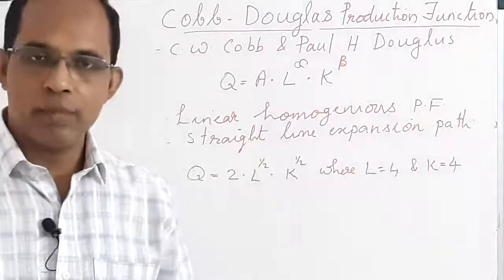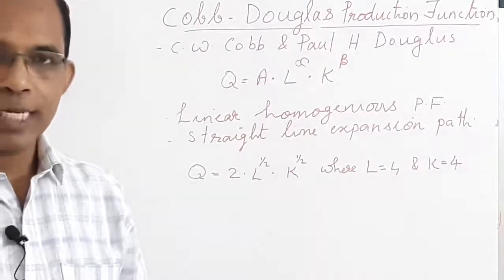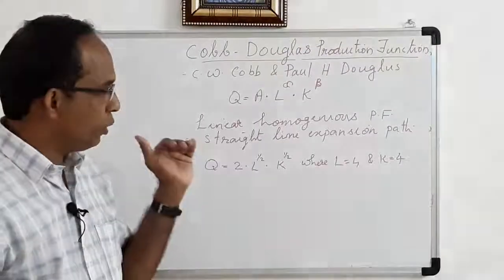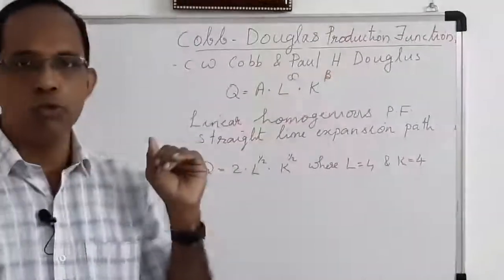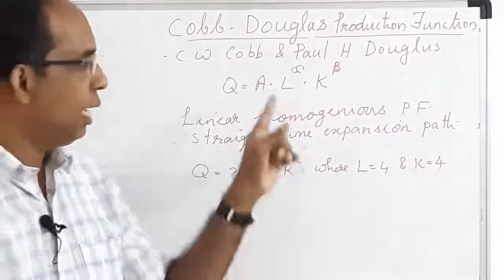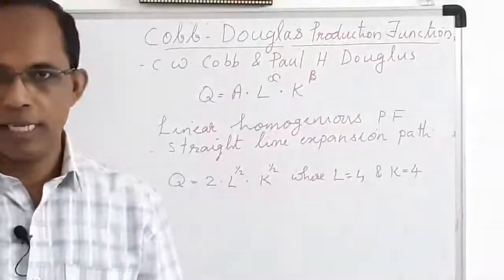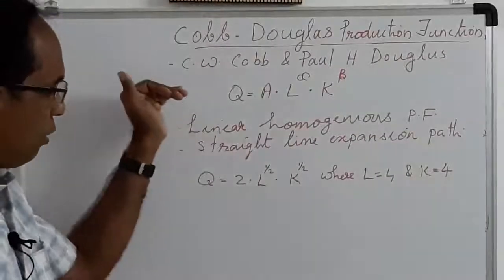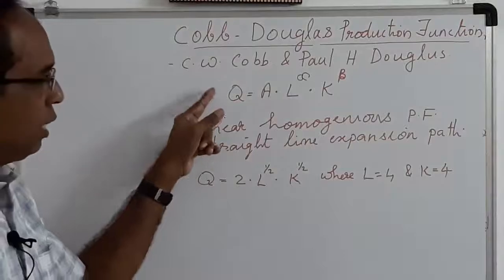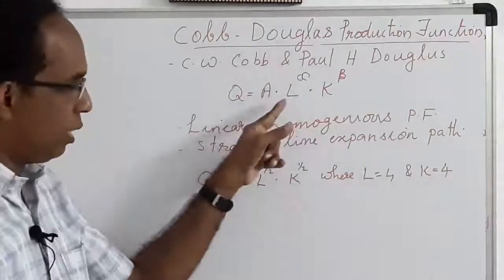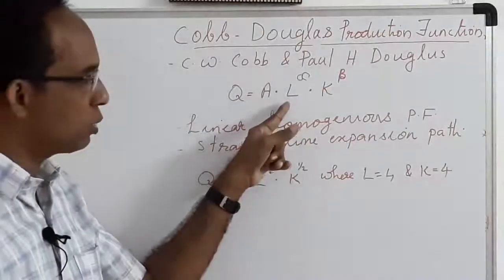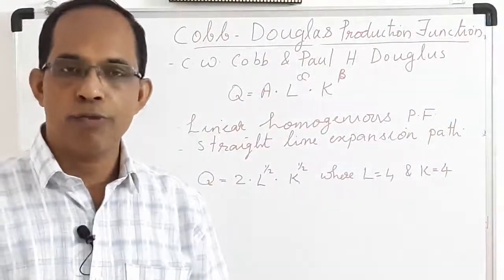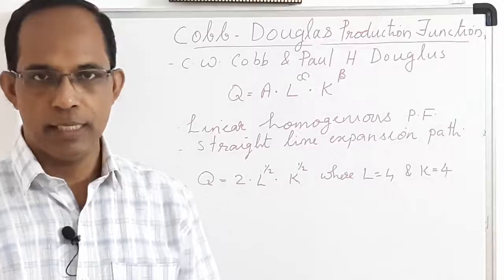The basic assumption of this production function is that the producing unit uses only two factors of production, labor and capital, right? And in this production function, Q is the output, L is the units of labor used, and K is the number of units of capital used, right?